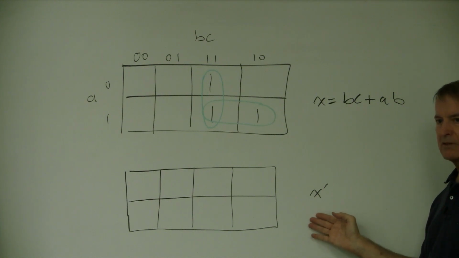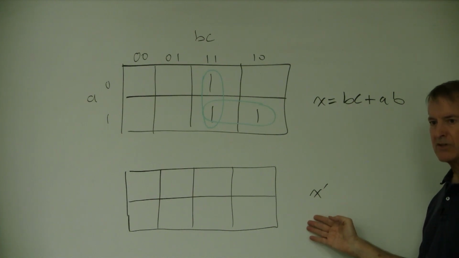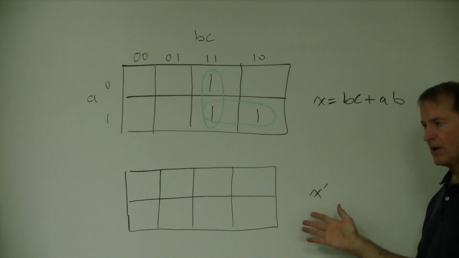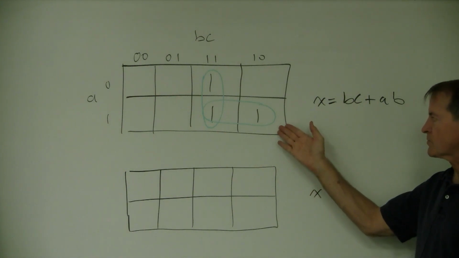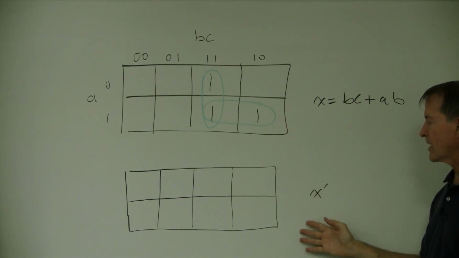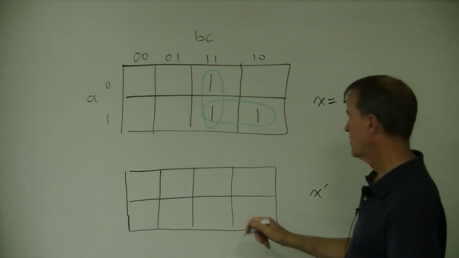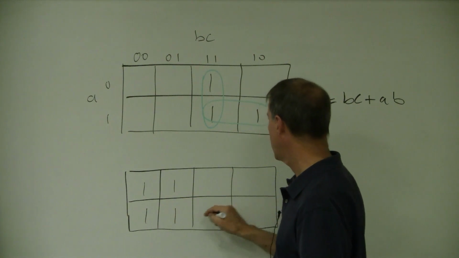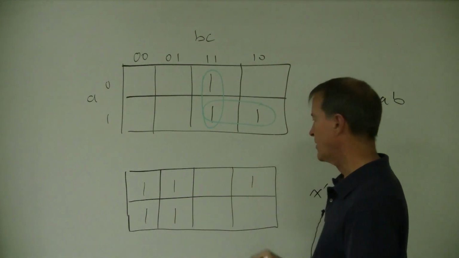The complement turns a 1 into a 0 and a 0 into a 1. So if this represents the Karnaugh map for x, the Karnaugh map for x prime would look like 1, 1, 1, 1, and 1 here.